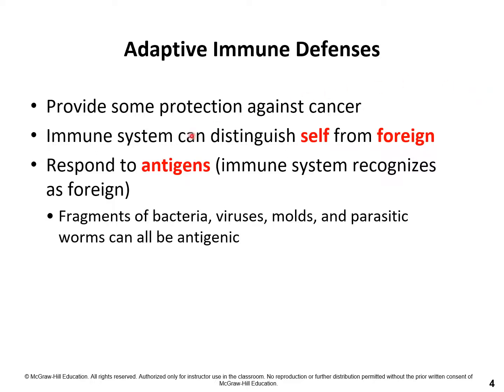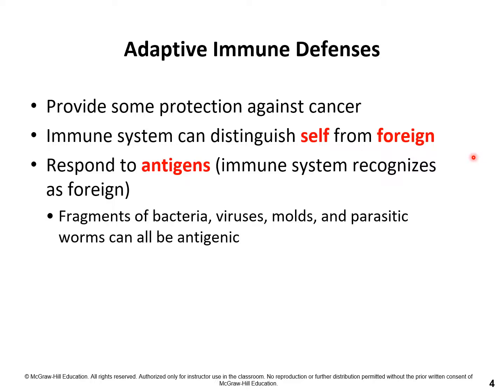The immune system can distinguish self from foreign, and this is a major role of the immune system, to be able to tell what is foreign or harmful from that which is our own cells, or self. The ability to distinguish between the two is very important, because we don't want our immune cells to kill off our own healthy cells.